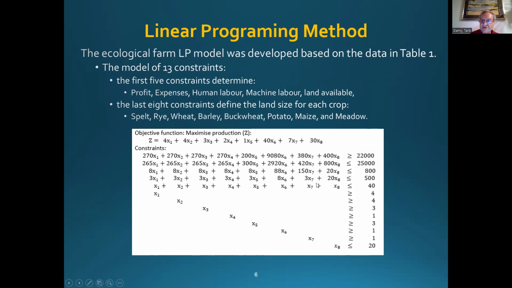In addition to these constraints, we have 8 constraints which specify the land size for each crop. For example, X1 represents crop spelt, and so on.